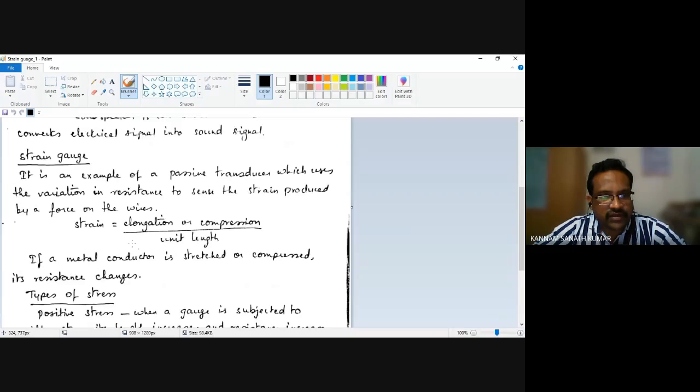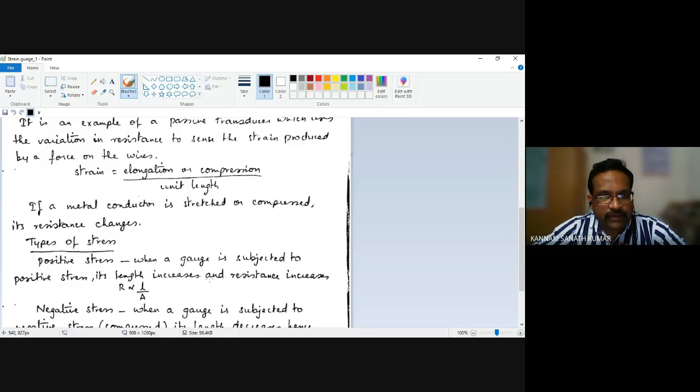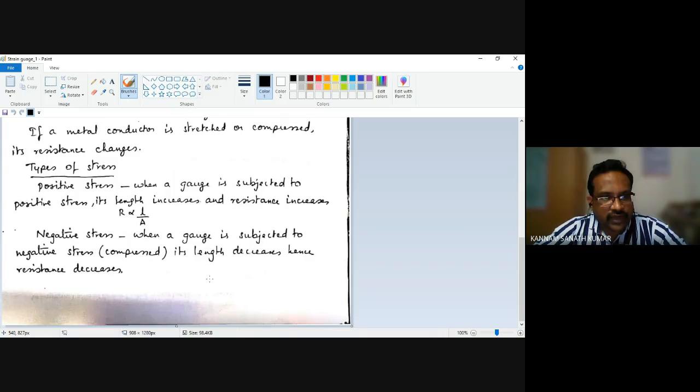Strain is defined as elongation or compression per unit length. When you stretch or compress the metal conductor, it is converted into resistance change. The types of stress can be positive stress or negative stress.